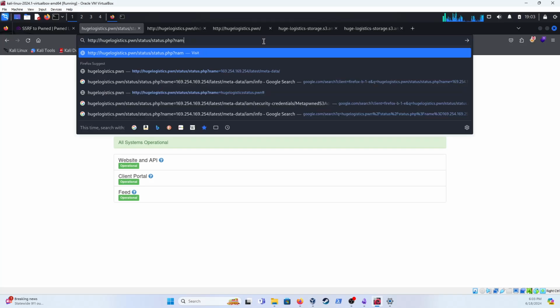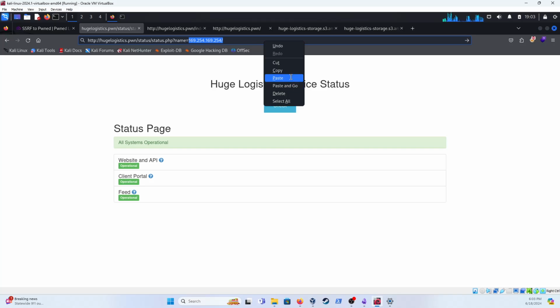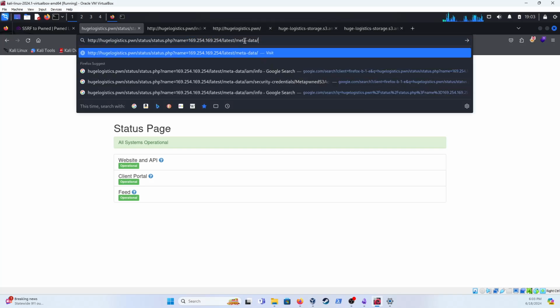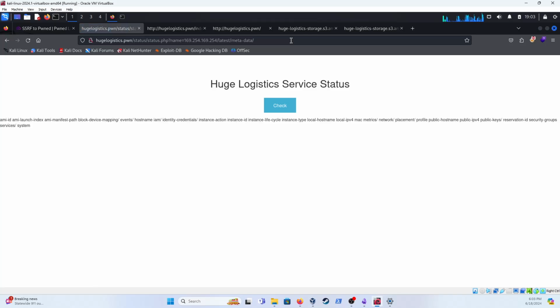Instead, we're going to do name equals, and we're going to give it the IP, latest/metadata, because remember, we're trying to see if it's an EC2 instance, whether we can access the metadata. And it gives us this. So this indeed is kind of a confirmation that we are looking at an EC2 instance. It's giving us metadata, and we can see some of the metadata here.